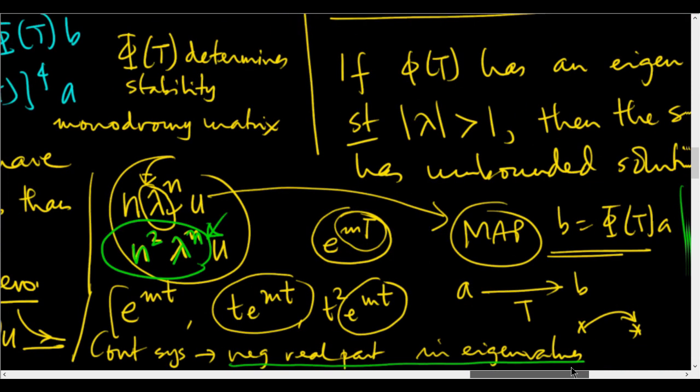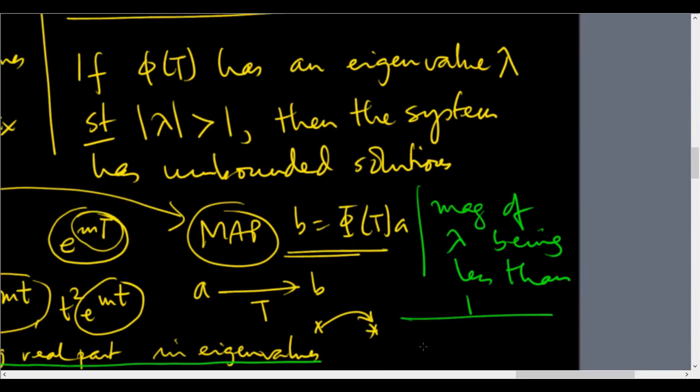Okay, if you have lambda exactly 1, then you are on the border. You don't have exponential instability. If you have a separate eigenvector for each such lambda, in that case the linearized system is neutrally stable, but in the presence of nonlinear terms it may still be unstable.